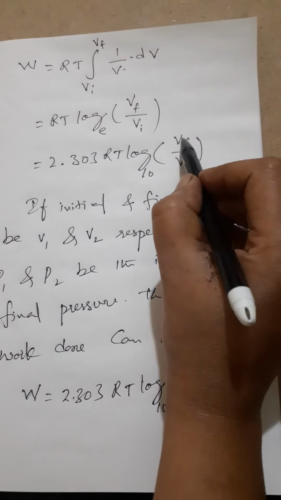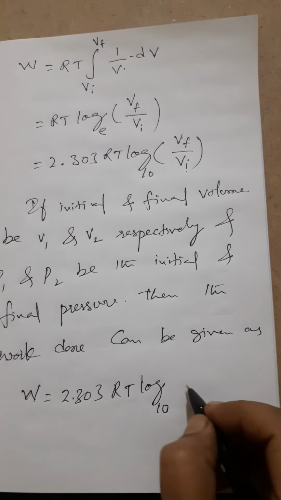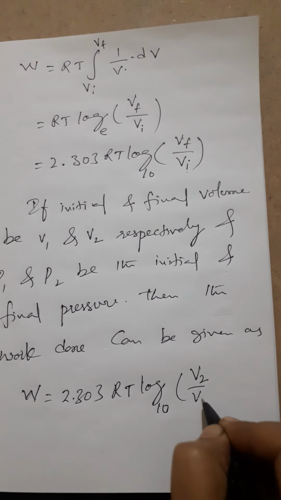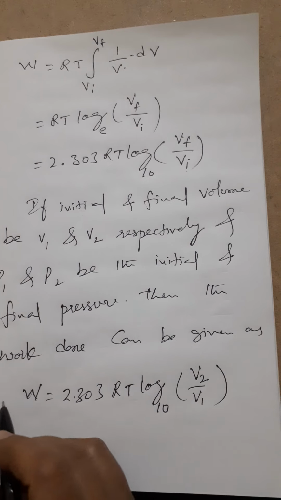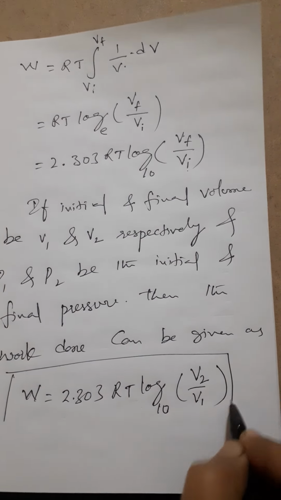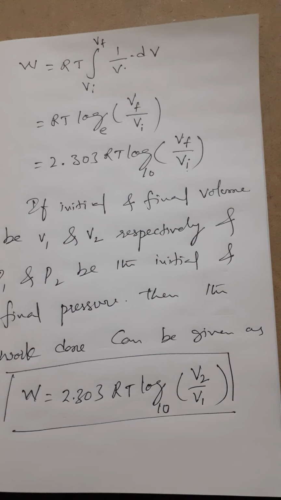We are just replacing Vf and Vi with V2 and V1. So this is known as the work done in isothermal process.